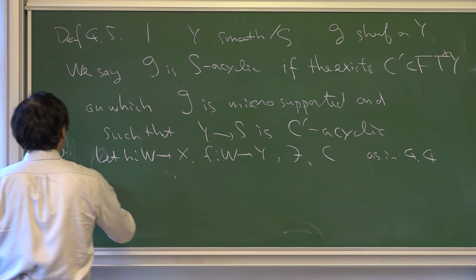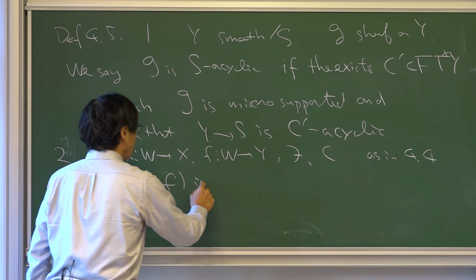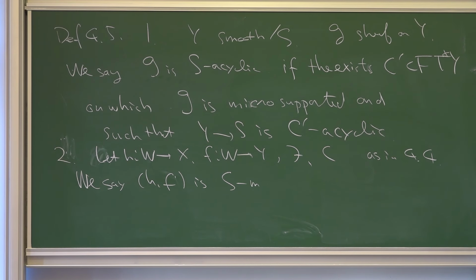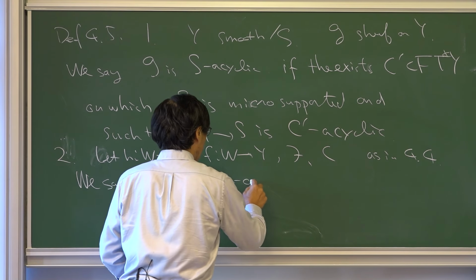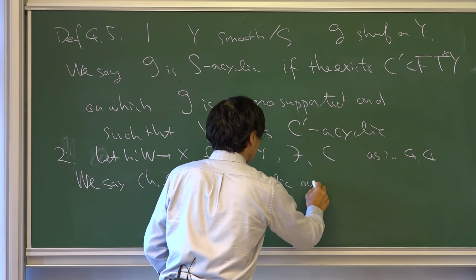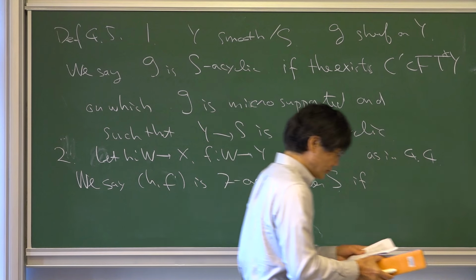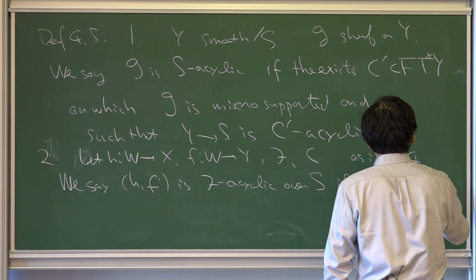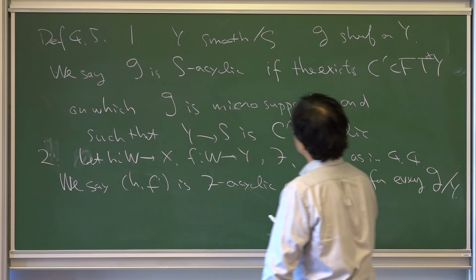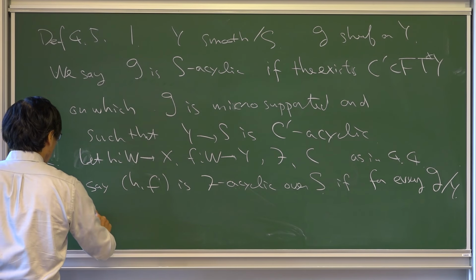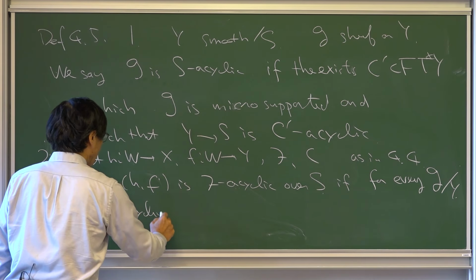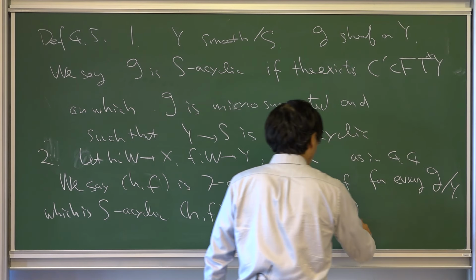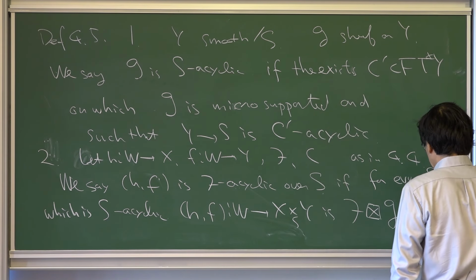Then we say H and F is F acyclic over S if for every G like this, G on Y, which is S acyclic, this product morphism is G transversal.